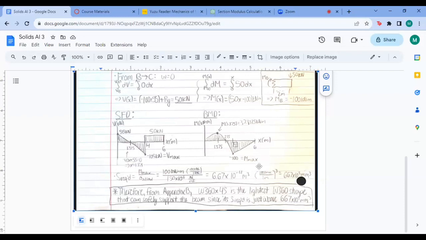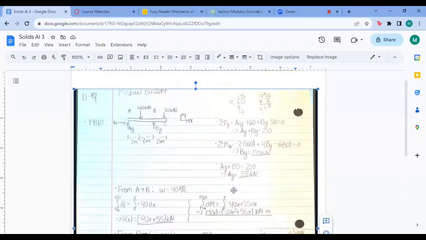This is why it's only supposed to multiply the 1,000 to the third power, because these meters cubed will cancel out, and then you'll have the 1,000 cubed millimeters cubed, which gets you 667, essentially, times 10 to the third millimeters cubed. Therefore, from Appendix B, W360 by 45 is the lightest W360 shape. So yes, that is my analysis.